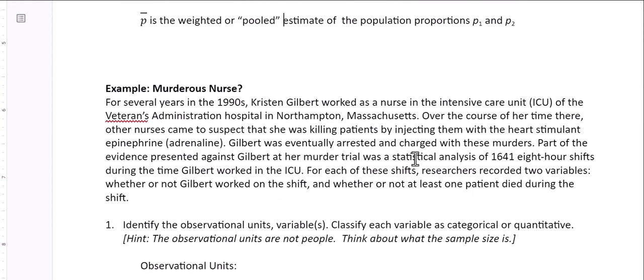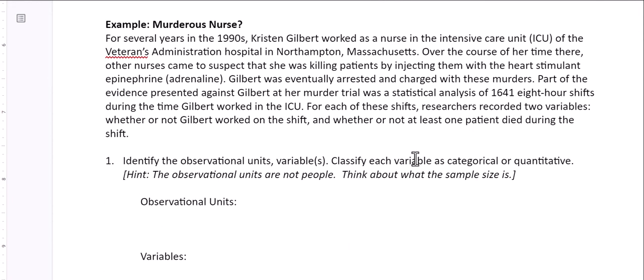And so let's look at our first example. The murderer's nurse. This was a famous case in the 1990s. For several years in the 90s, Kristen Gilbert worked as a nurse in the intensive care unit of the Veterans Administration Hospital in Massachusetts. Over the course of her time there, other nurses came to suspect that she was killing patients by injecting them with the heart stimulant epinephrine, which is really adrenaline. Gilbert was eventually arrested and charged with these murders.